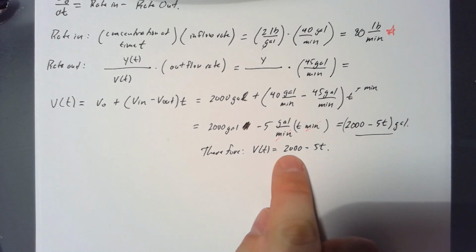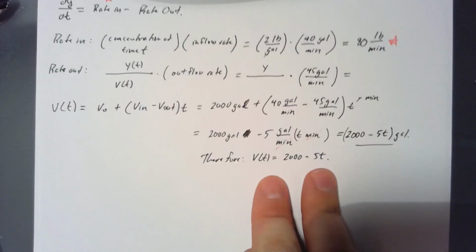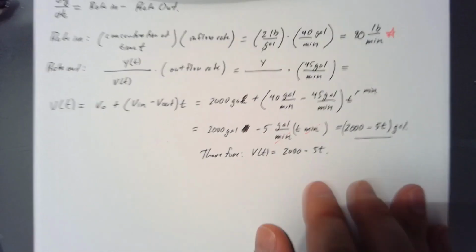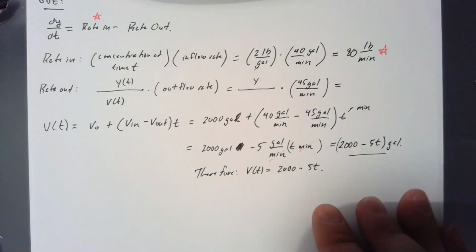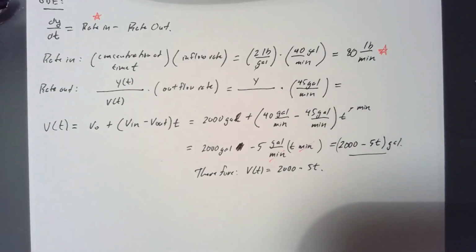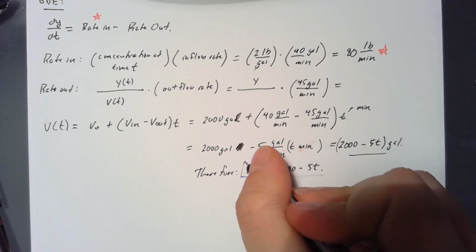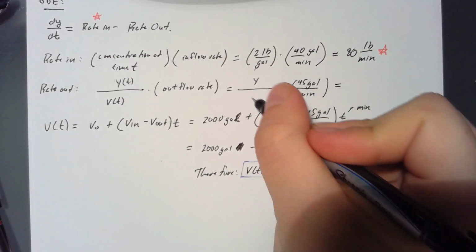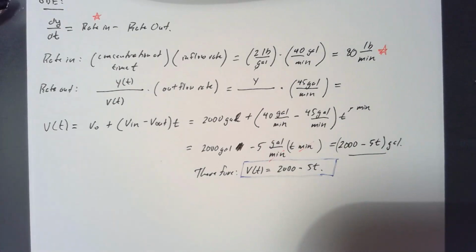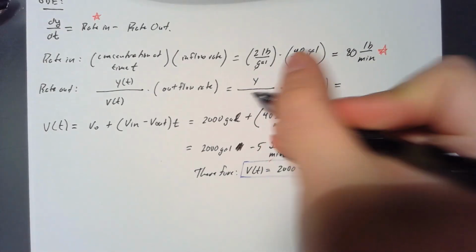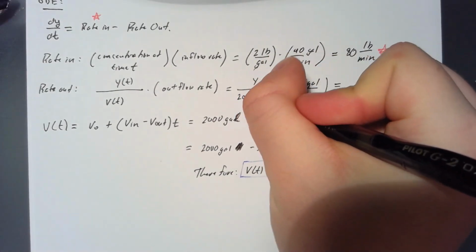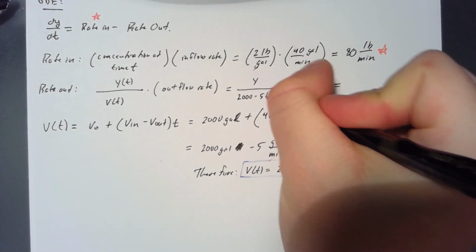So that's the measure of how the volume fluctuates once the pumping process starts. So this part right here, that guy, that's going to go right here. So this right here is going to be 2,000 minus 5t.